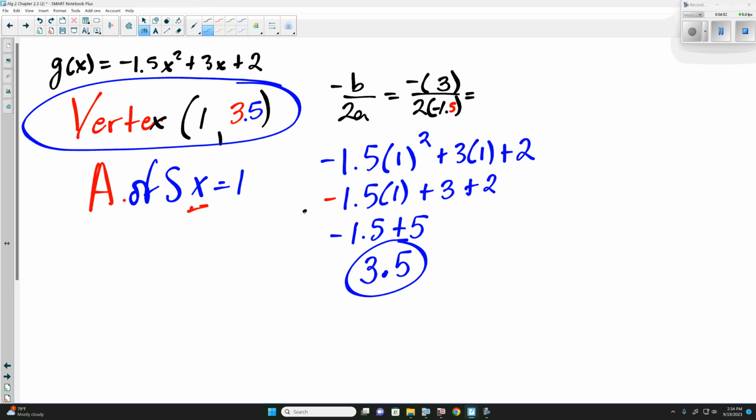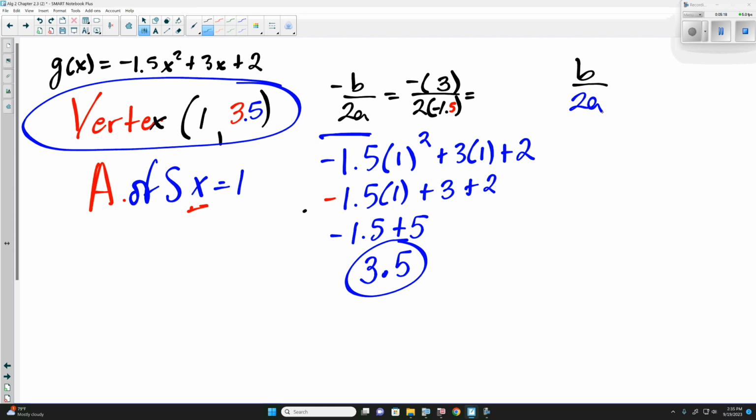You need to solve it with the correct formula. Everything else is the same. It's just they did not include the negative from the formula. Does that make sense? Because it should be negative b over 2a. They put it as b over 2a. The negative makes a difference.